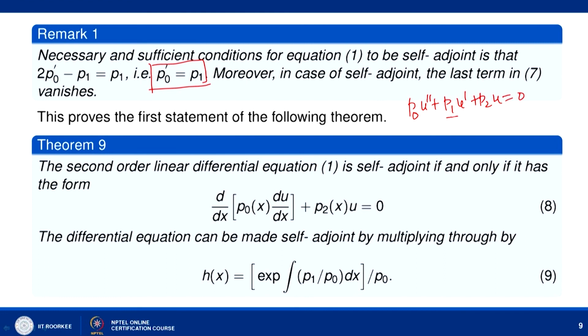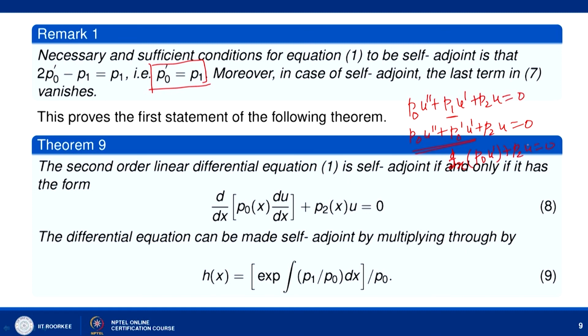Now in place of p1, I can write p naught dash. So we can write p naught u double dash plus p naught dash u dash plus p2 u equal to 0. Now if you look at these two terms, I can write this as d by dx of (p naught u dash) plus p2 u equal to 0.